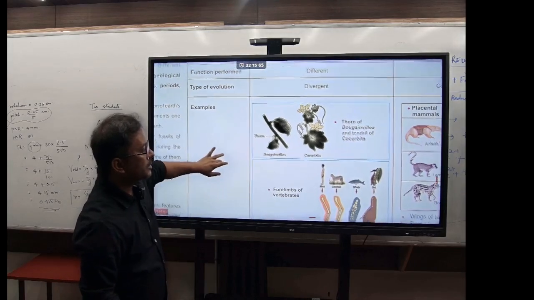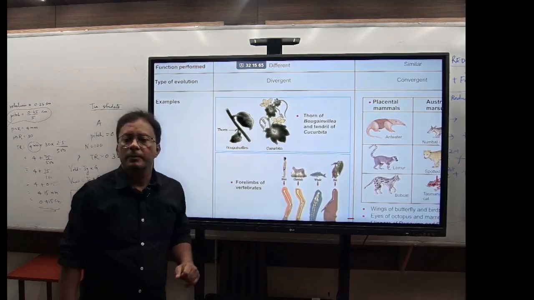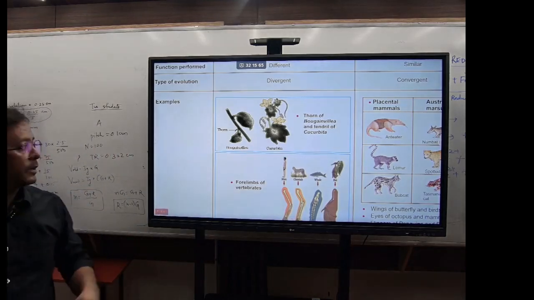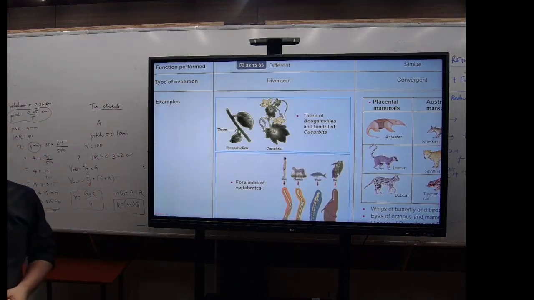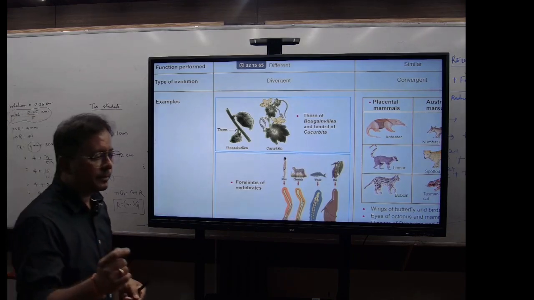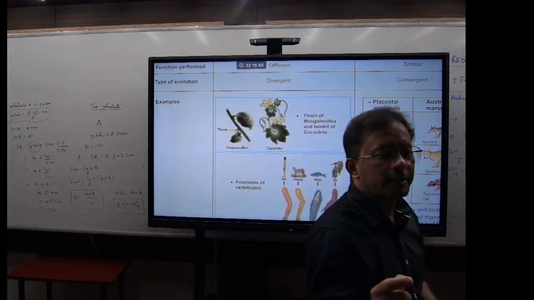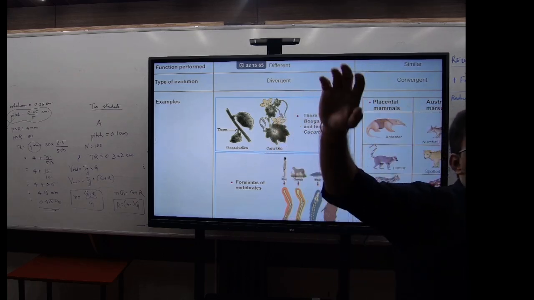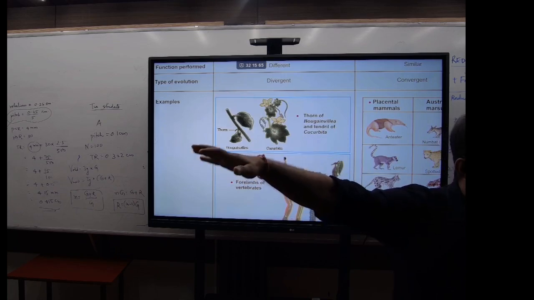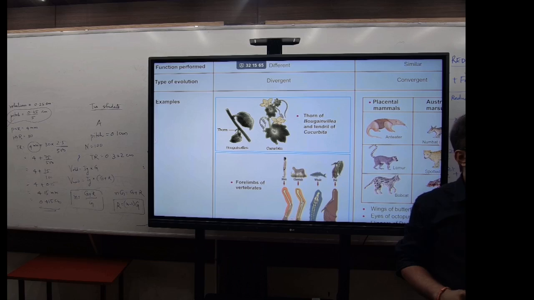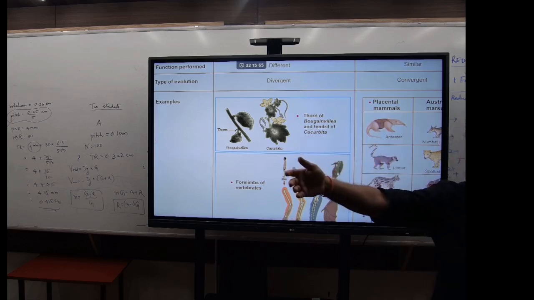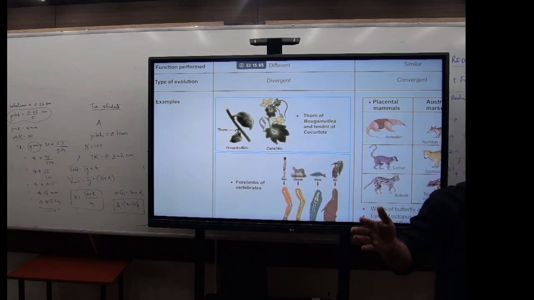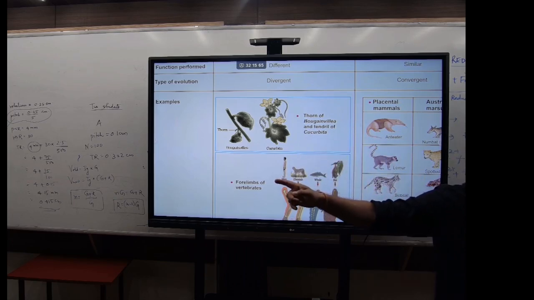Now, the other examples include some plants here, the thorns of bougainvillea and the tendrils of cucurbita. Both of them were modified axillary buds. One became the thorn, which gives protection. The other one became the tendril, which gives them the ability to creep. Same structure, but different function.